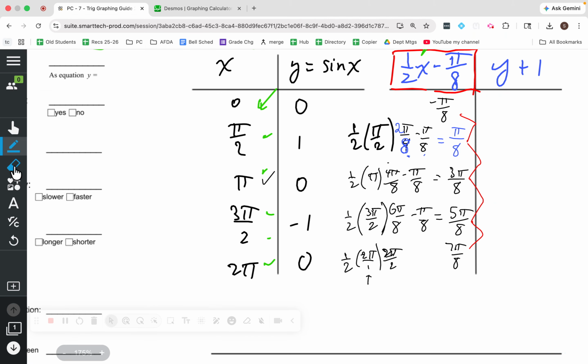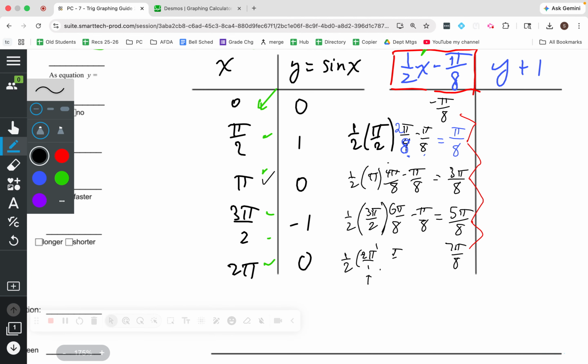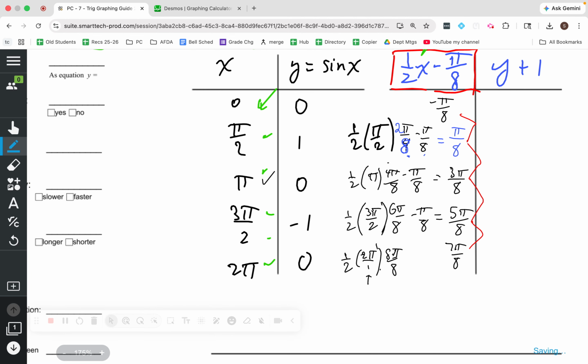Again, if I quadruple both sides, I get 8 pi over 8 minus 1 pi over 8 does equal 7 pi over 8. Okay, this is the hardest part of the table work that you're going to be doing, and this is because it involves a phase shift. Y plus 1 should be easy. 1, 2, 1, 0, and back to 1.